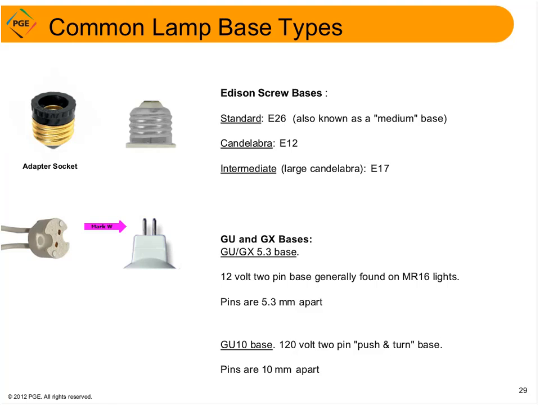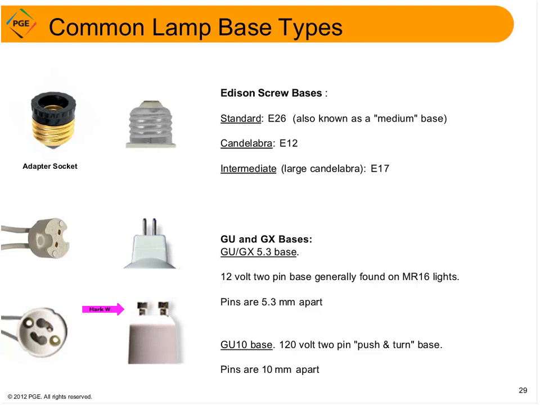This is one that has pins that are 5.3 millimeters apart. Now some PAR 16s and PAR 20s have a push and turn GU10 base that operates at 120 volts AC, while some of them will have the standard Edison base.